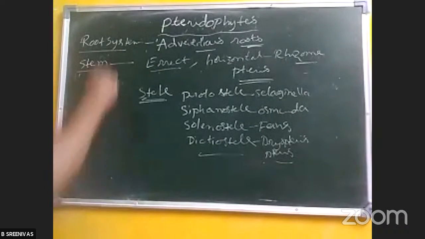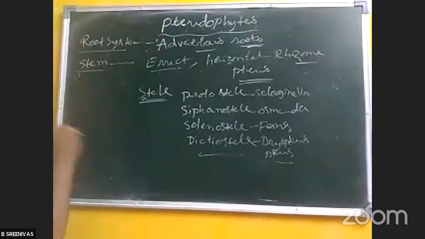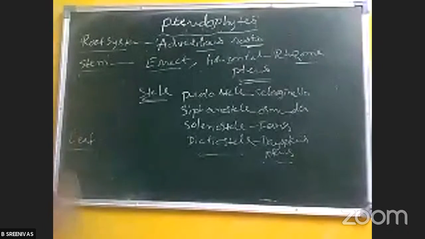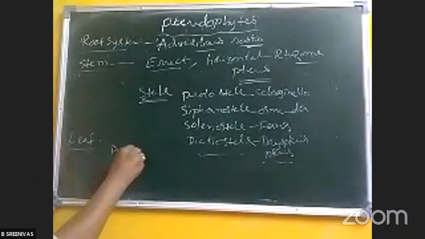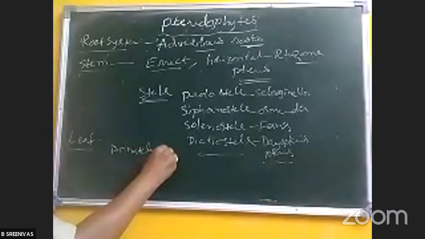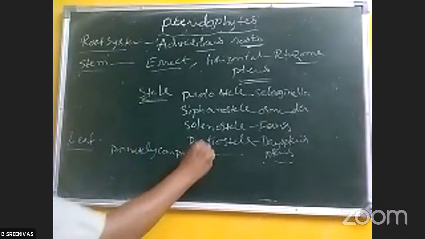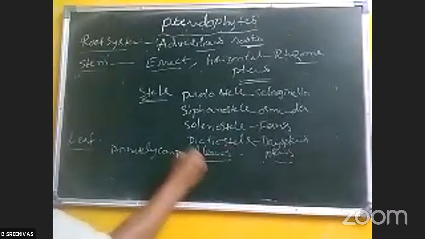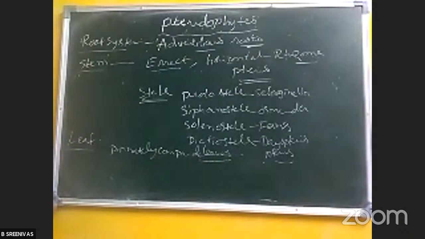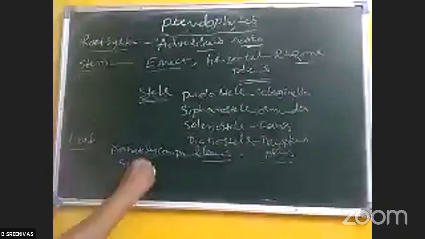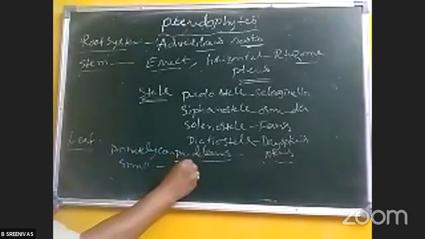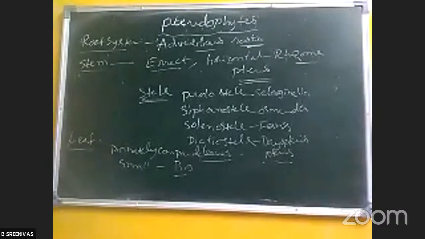Right. So root, stem. Next part is the leaf only. So pinnately compound leaves are present. Compound leaves are present. These leaves range from small to big, or large leaves are present.